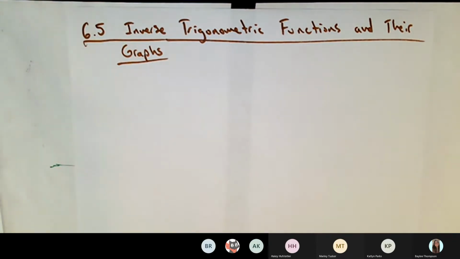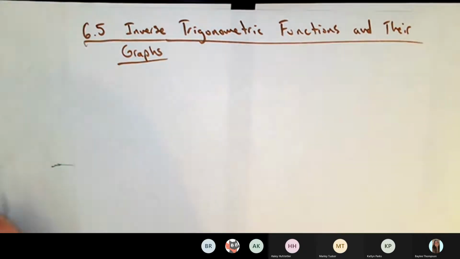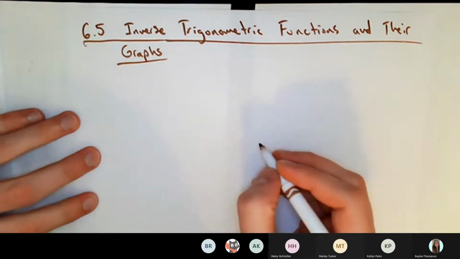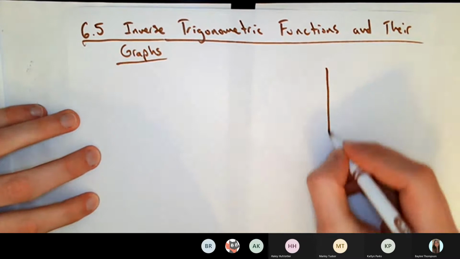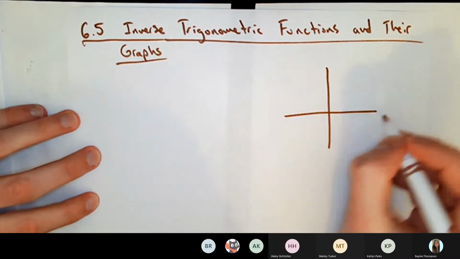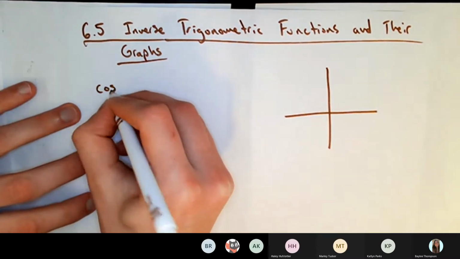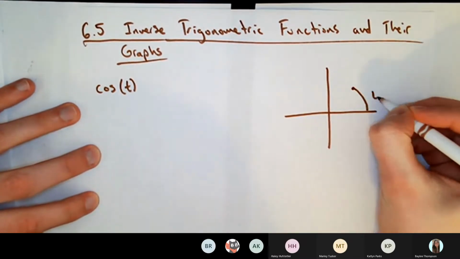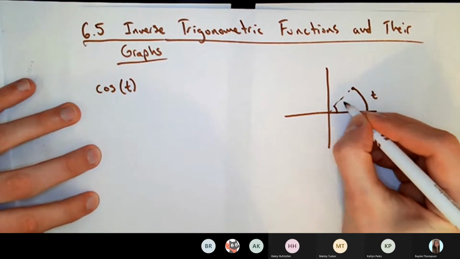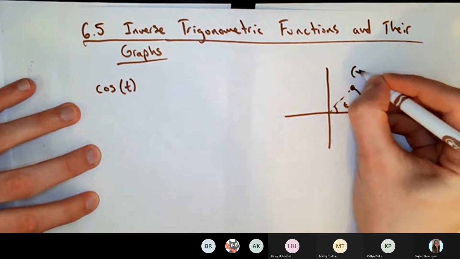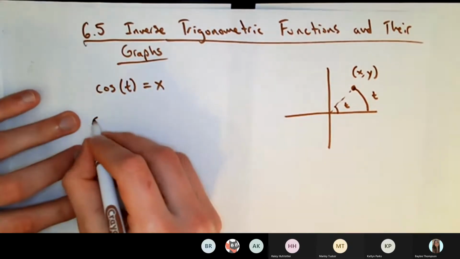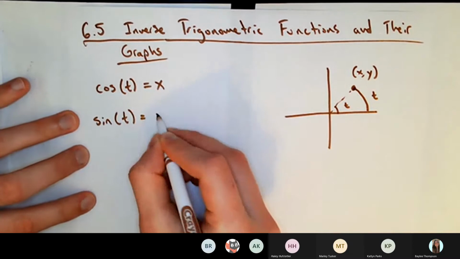If we have a trig function defined via the unit circle approach, so if I have cosine of some arc t, so this is on the unit circle, this is some arc t subtended by some angle t, and then concluding at some point xy, then literally cosine of t yields that x value, and sine of t yields the y value.